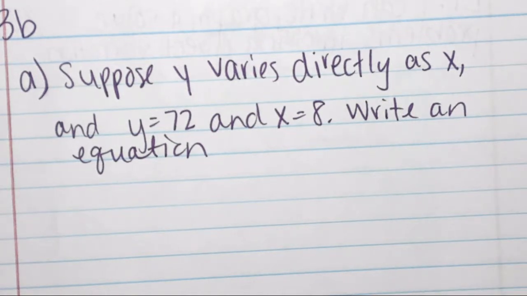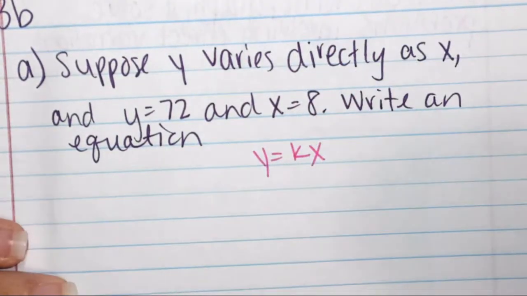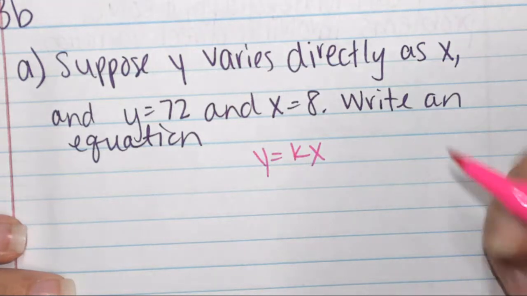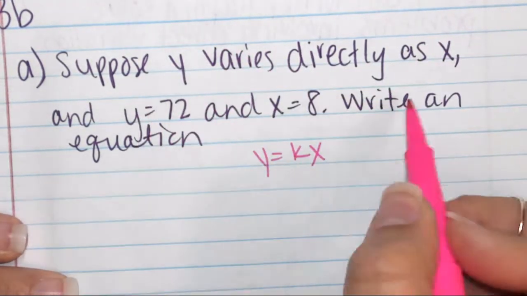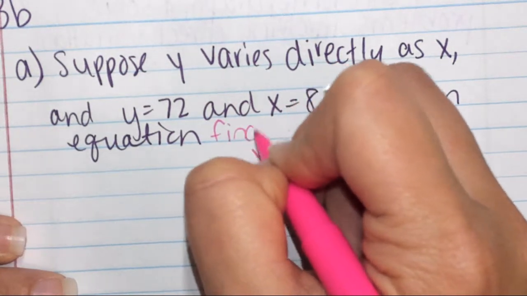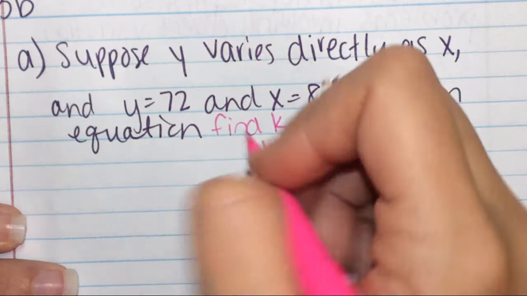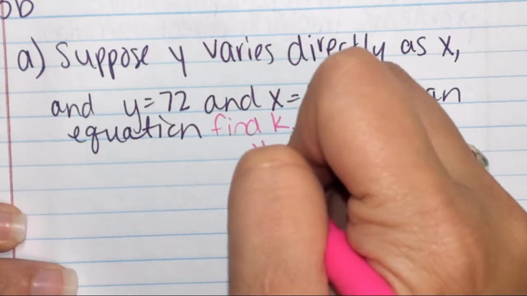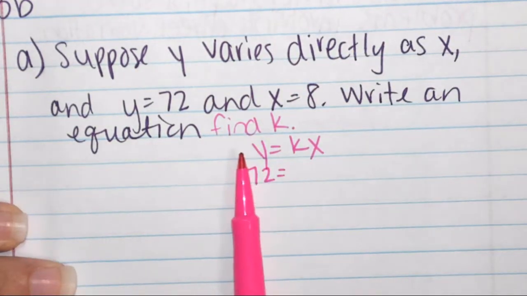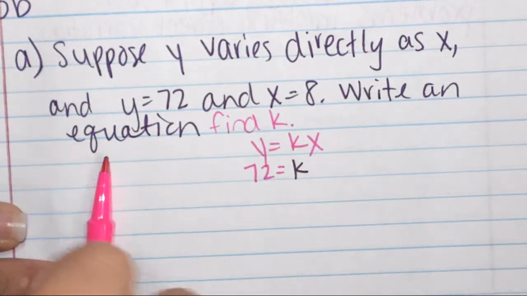So, we know that our equation is y equals kx. And we need to find k because they don't give us k, right? If they don't give you k, find k. Do we know what y is? What is it? Okay, we don't know what k is, so we just write equals k. And do we know what x is?